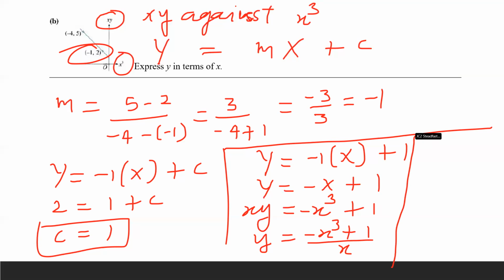Now we can say that y equals, separating the denominator on the right hand side, negative x squared plus 1 over x. Now that's the actual equation for the given straight line here.